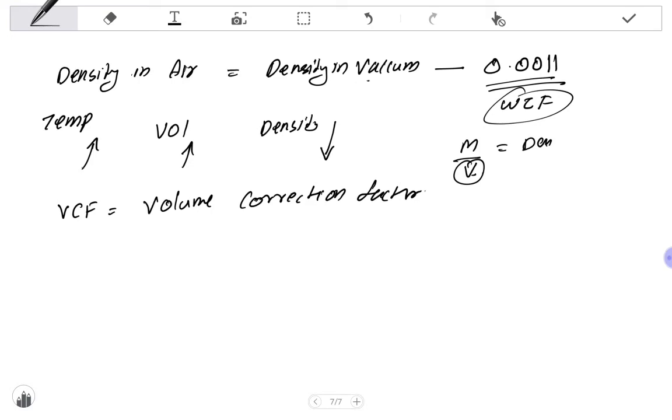Okay, so during the loading, cargo temperature, let's say 25 degrees Celsius, and you don't know the density at 25 degrees Celsius. What you know is the density at 15 degrees Celsius.